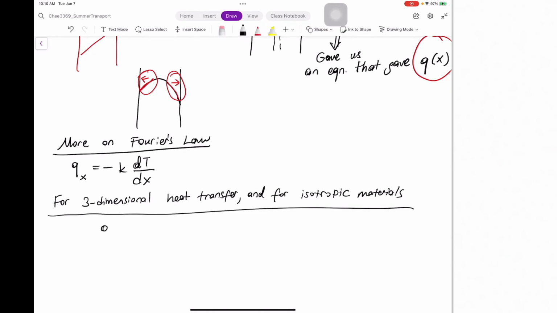In such a case, the vector Q, so it's going to be any direction, so it has x, y, and z components, is equal to minus K, this time not the derivative, but the gradient of the temperature. And this del is the gradient operator.